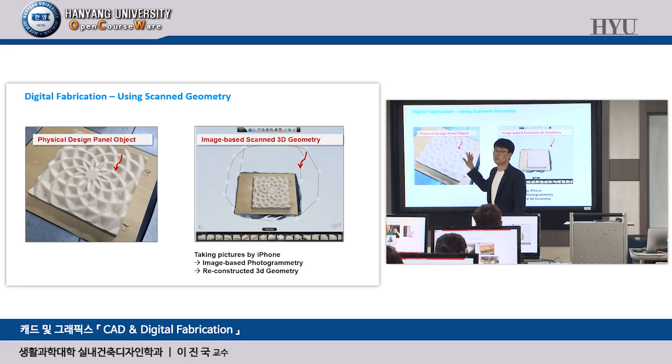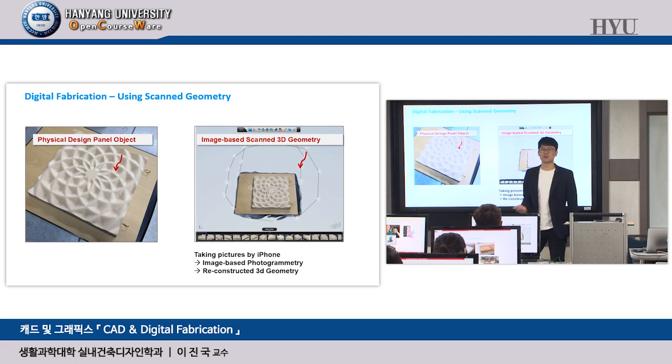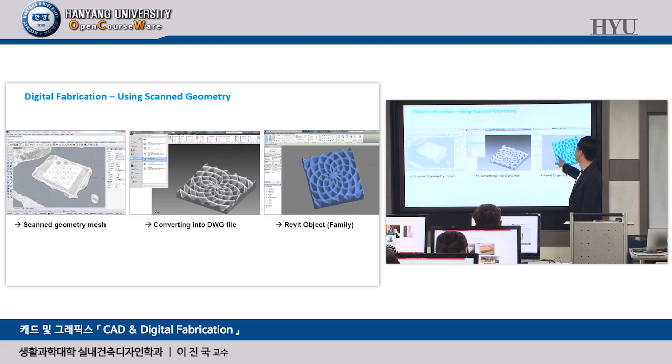So this is kind of reverse engineering. From this real world object, by using your smartphone or using just the laser scanner our department has, you can use them, okay? You can use your smartphone. You can use your laser scanner. And then this kind of physical thing can be converted to this geometry, a computer file, okay?